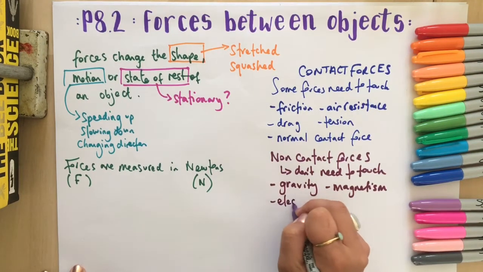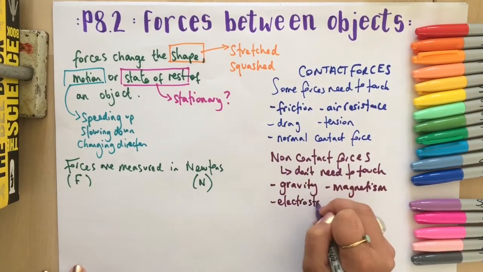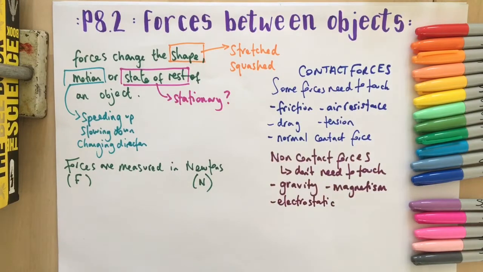And then electrostatic forces, which are between charged particles. We've learnt before about protons being positively charged, electrons being negatively charged. So the forces to do with charged particles are electrostatic forces.